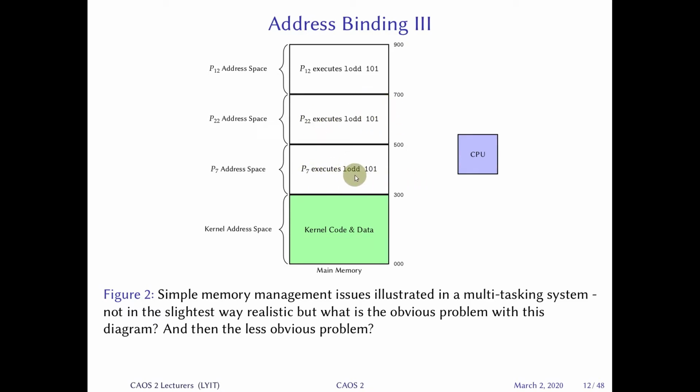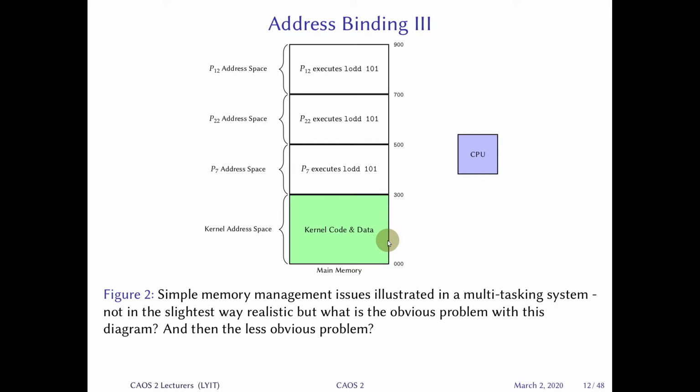So we can see that the obvious problem that arises here is that when P7 executes LOD 101 and 101 is referring to a physical address, then essentially what P7 is trying to do is trying to execute an address space that belongs to the kernel. Now that's absolutely not on.